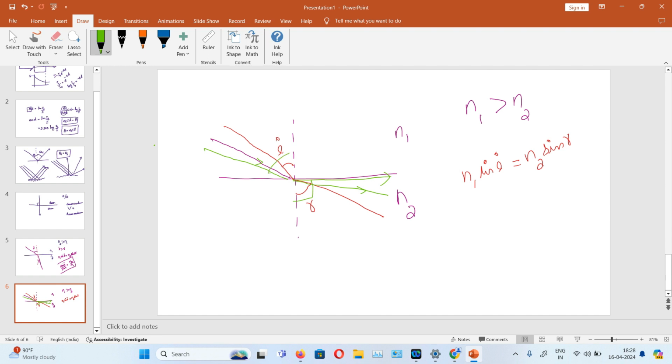That particular angle of incidence at which the angle of refraction is 90 degrees is called the critical angle, C. So N1 sine C will be N2 sine 90 degrees. Sine 90 is 1. So N1 sine C is equal to N2, or sine C will be N2 by N1.